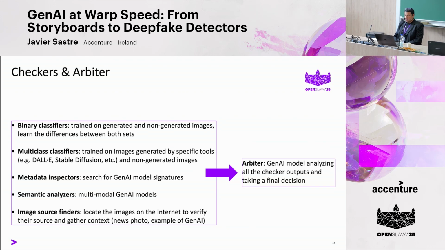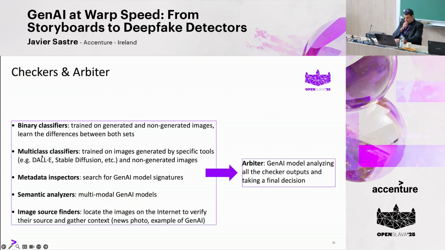So potentially the only thing that you could do in here is to try to refine your prompt, to see if with a more robust prompt, perhaps it's not going to be fooled. And again, the image source finder either finds the image on the internet or does not. So for false positives or negatives, yes, you can refine the binary and multi-class classifiers.